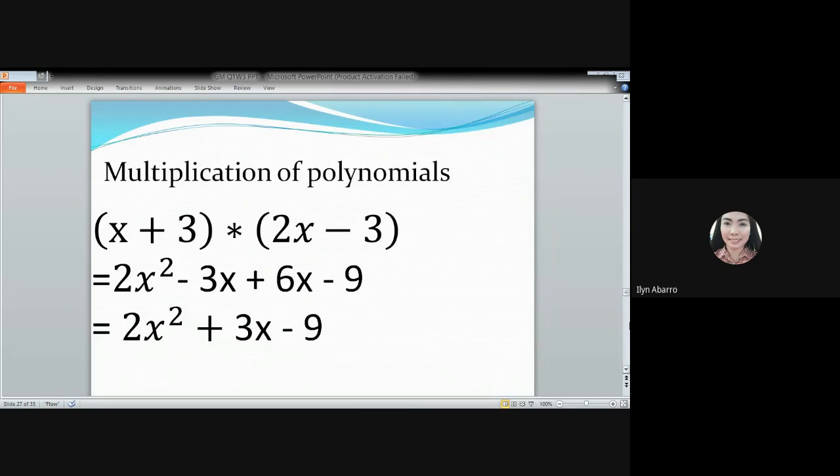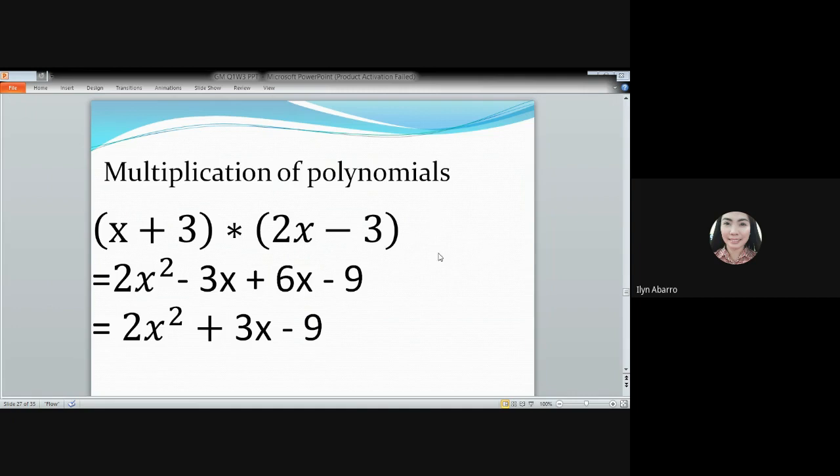Okay? Let's proceed with multiplication of polynomials. Okay, how to multiply polynomials? I have here x plus 3 times 2x minus 3. We are multiplying a binomial by another binomial. When you were in 7th or 8th grade, you were already taught how to multiply this, right? Kapag binomial to another binomial, you are taught to use the FOIL method.